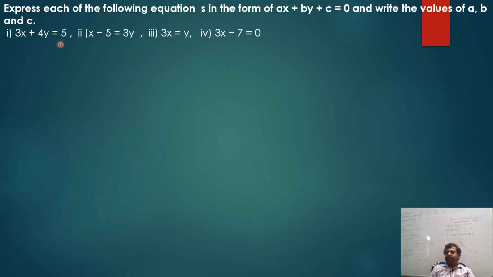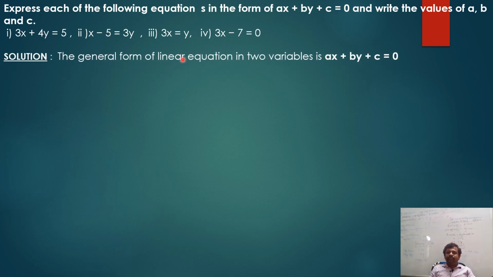First, 3x plus 4y is equal to 5. We can find the values of a, b, c. For that, first we express the given equation 3x plus 4y is equal to 5 in the form ax plus by plus c is equal to 0. Students, understand? The general form of a linear equation in two variables is ax plus by plus c is equal to 0.